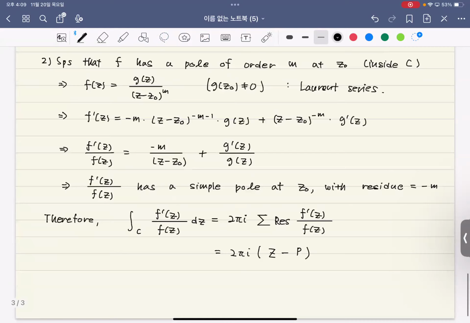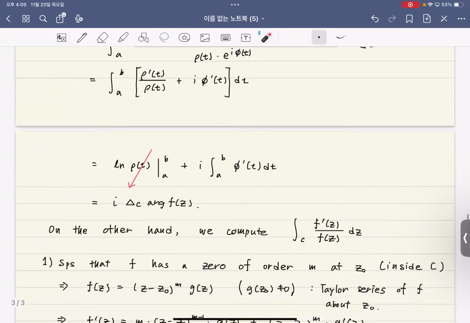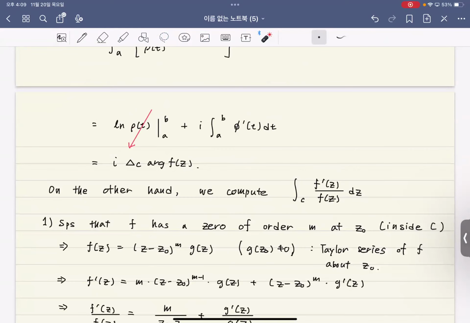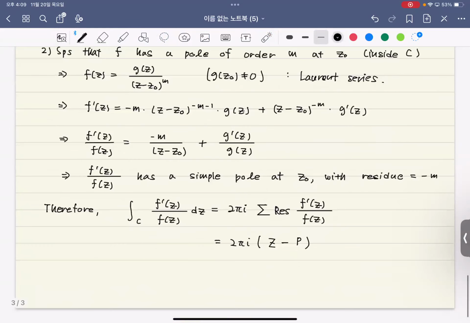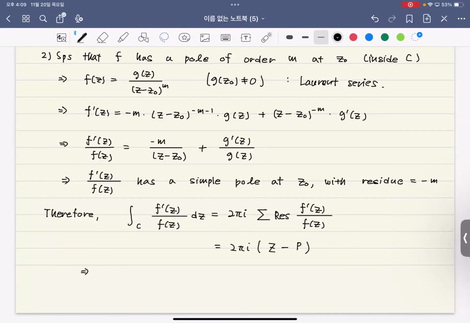So combining these two, this is also i times the argument of f of z, which is 2 pi i times (z minus p). So this is the winding number.